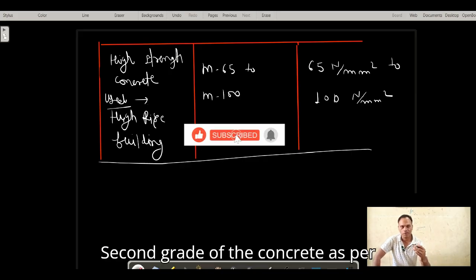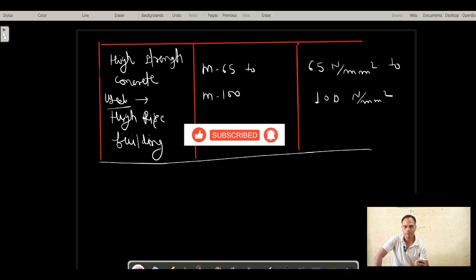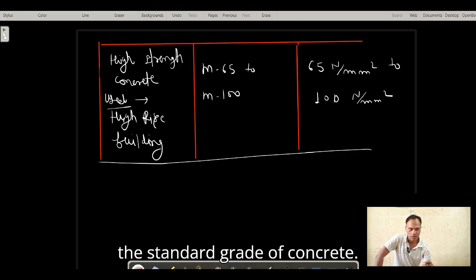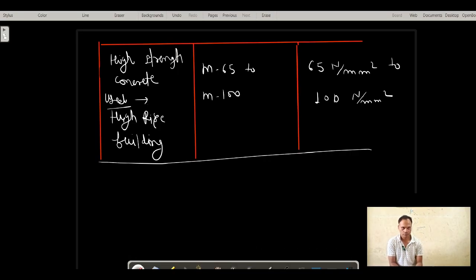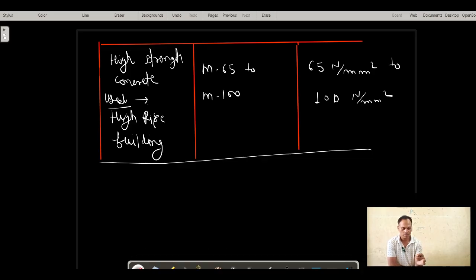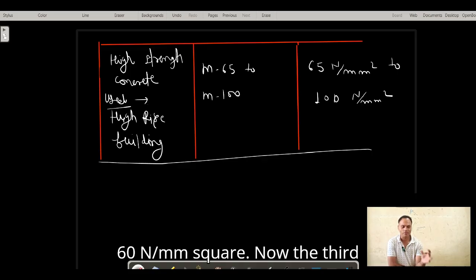The second grade of concrete as per IS 456:2000 is the standard grade of concrete. This standard concrete is M25 to M60, and its characteristic strength is 25 Newton per mm square to 60 Newton per mm square.